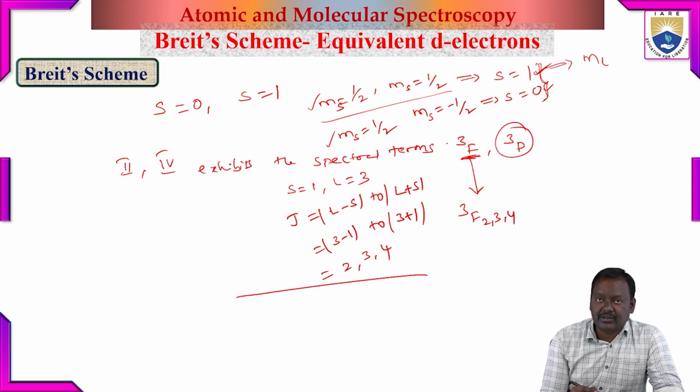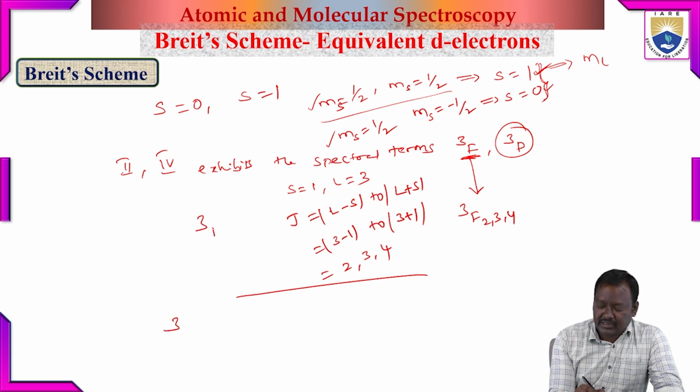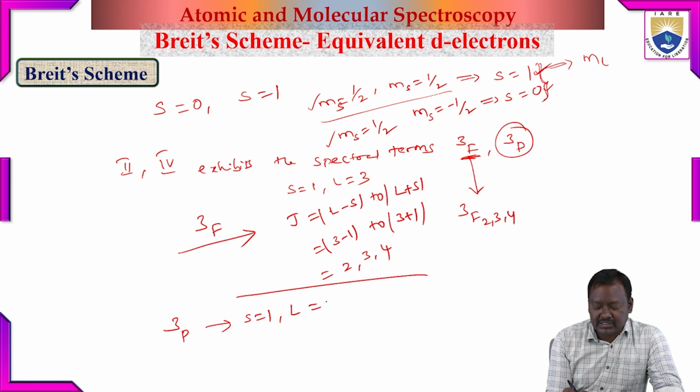And for 3P, the S value is 1 and L value is 1. So the possible J values are L minus S to L plus S, so 1 minus 1 to 1 plus 1.